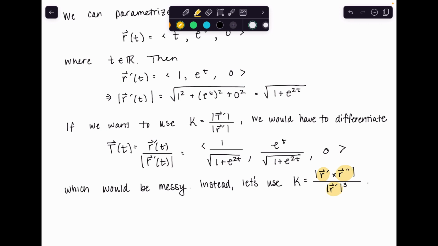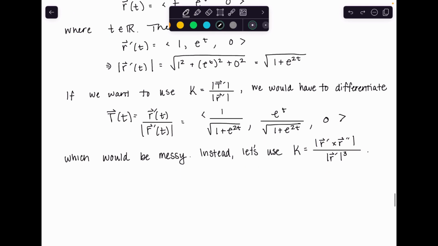I need to figure out r double prime, and then I need to go ahead and take the cross product. So r prime, just to put it up here, is 1, e to the t, 0. The second derivative is then 0, e to the t, 0.